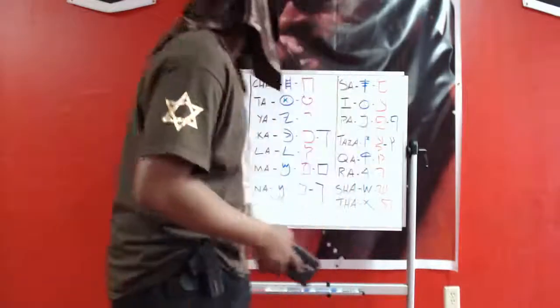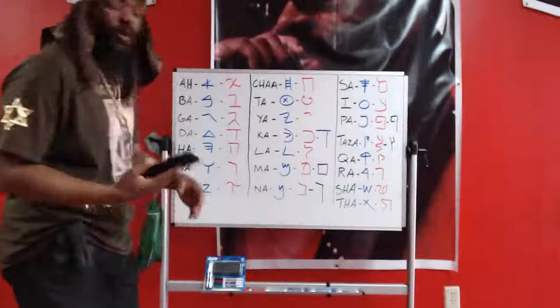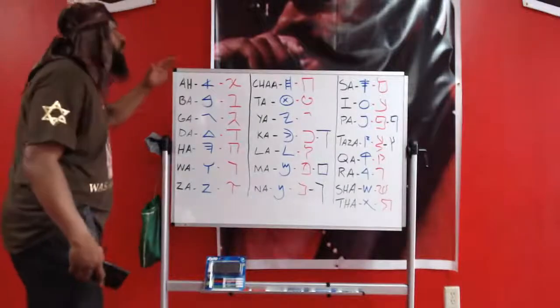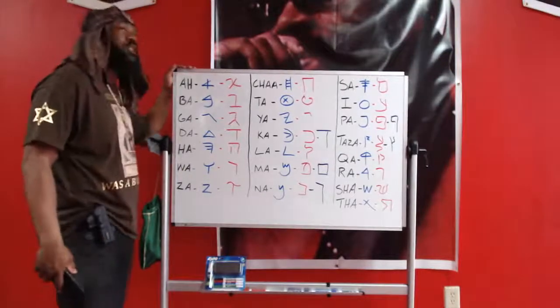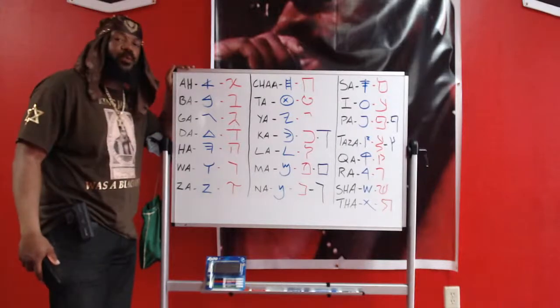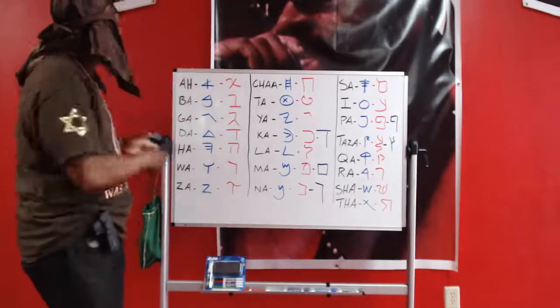Okay, so let's take it from the top, how we always do, going over our letters. We have 22 letters, 22 syllables and characters for the Hebrew language. Here we go.